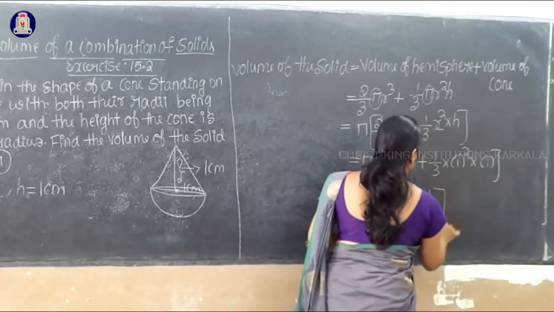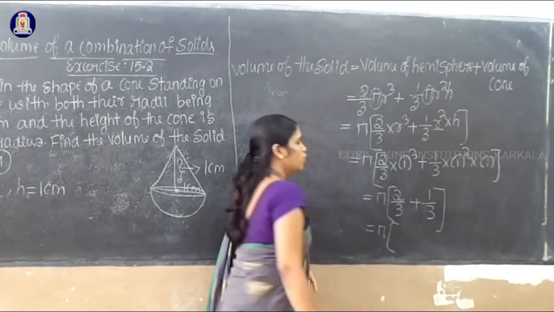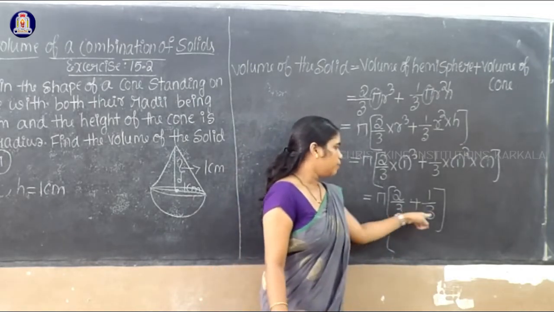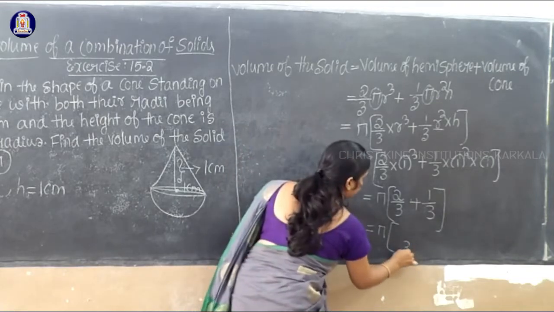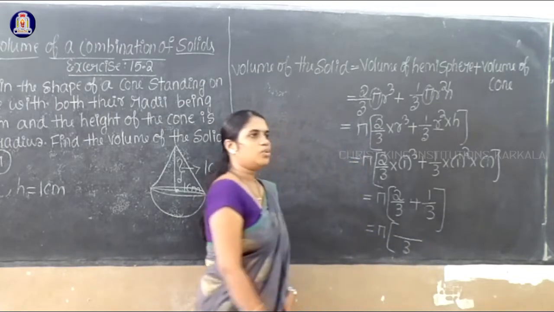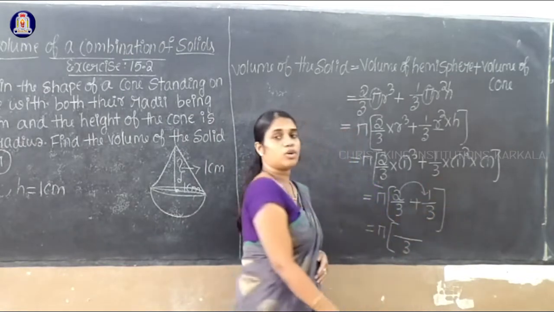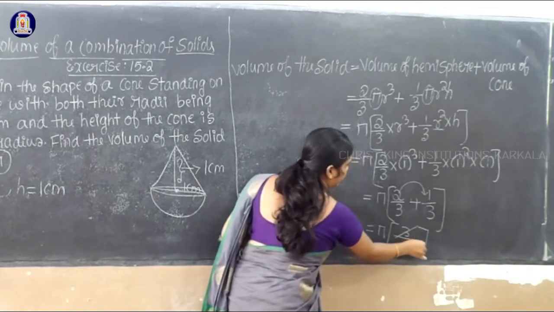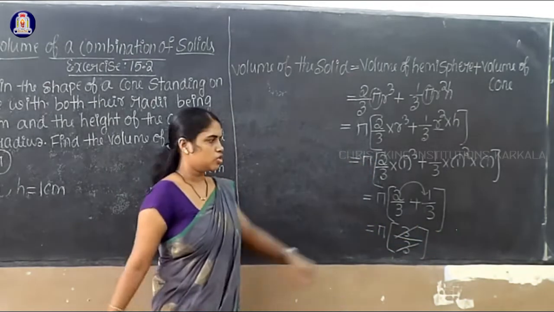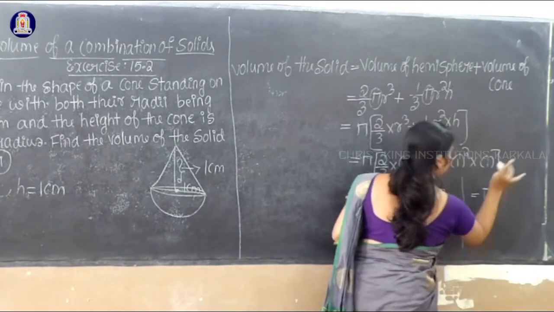So therefore this is equal to pi into, can you observe here your denominator values are same? So write the denominator, that is 3. Then what about numerator? Add directly. 2 plus 1 equal to how much? 3. Now 3 and 3 cancel. So what about the remaining term? Remaining term is pi.